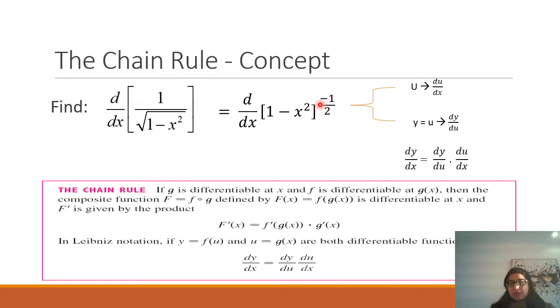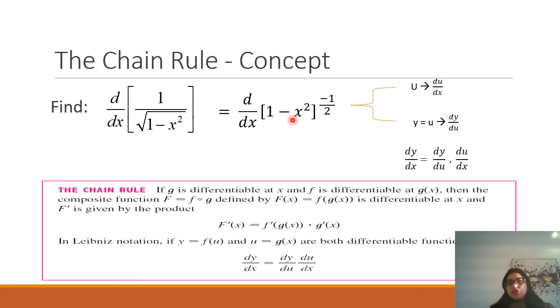And because it's in the denominator, you have to put the negative sign. So he's telling you to differentiate 1 minus x squared to the power negative half. We already took the rule for the power: if I have any power, I put it on the side, and then I subtract 1 from it. But again, I have another inner function, which is 1 minus x squared, so it's going to be minus 2x.